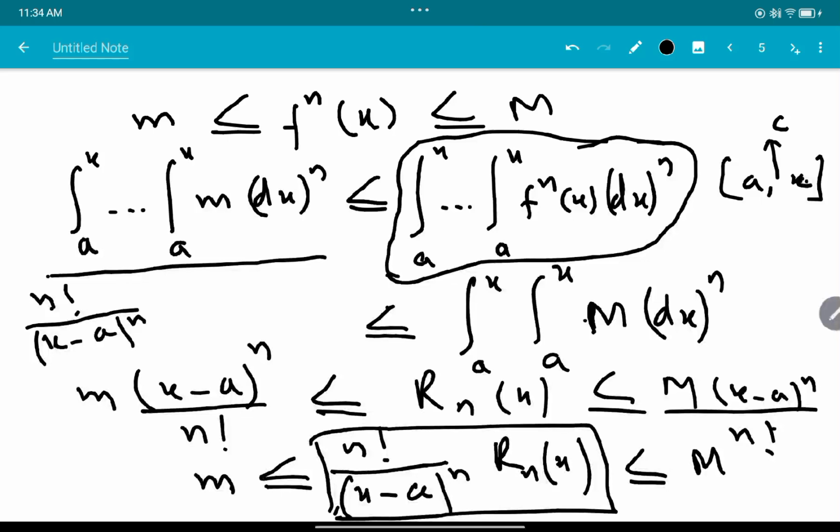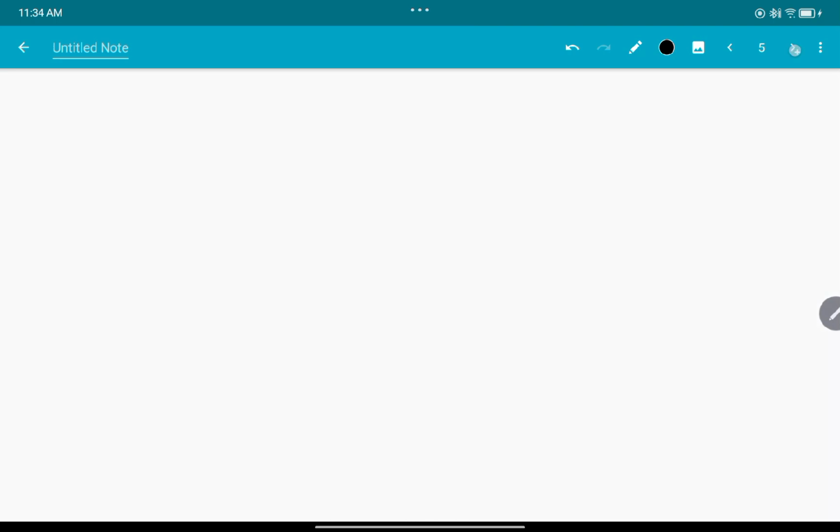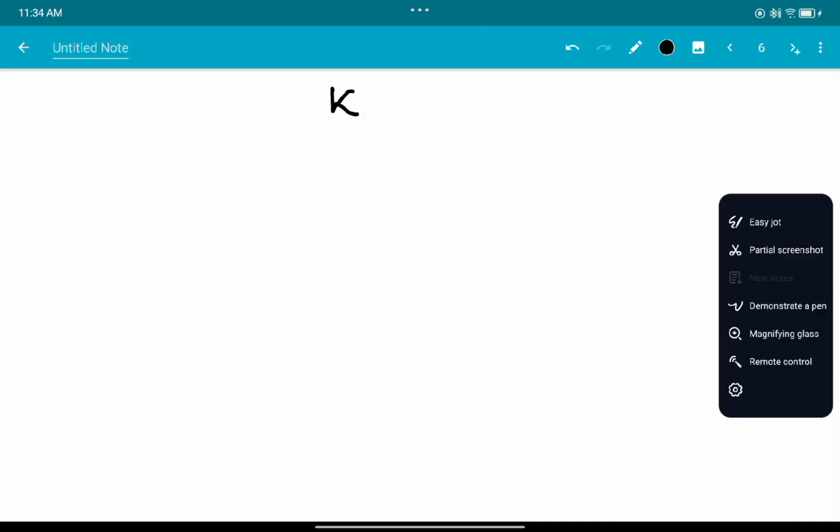Now at that point, this expression will have some value. What that value will be, let us say that value is k. That value is k at that point.